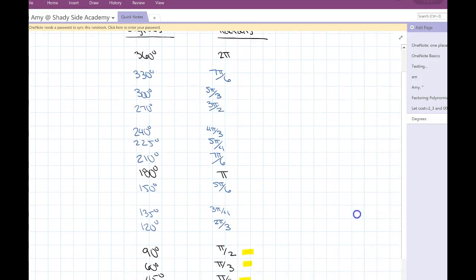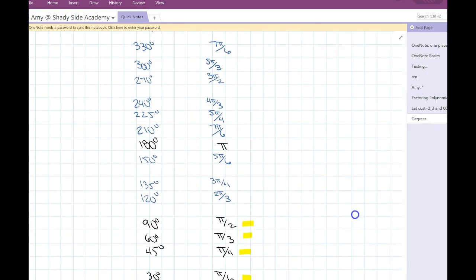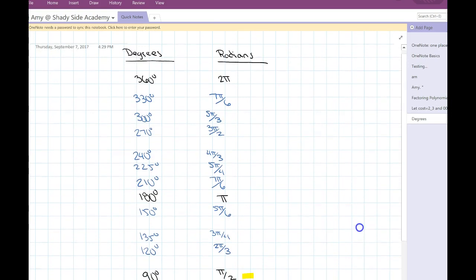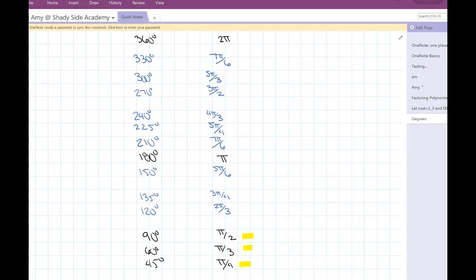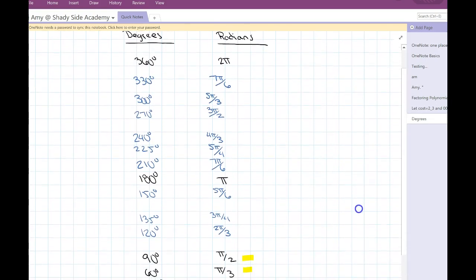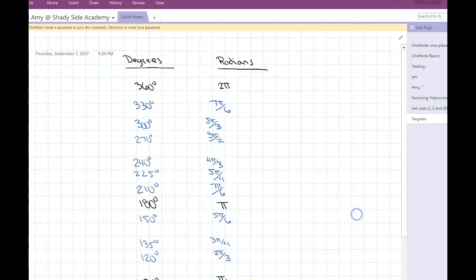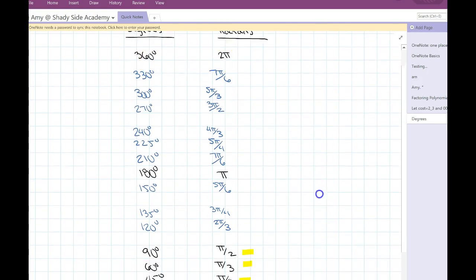Okay, so what you'll see here is I just went through and filled in the rest of the angles going all the way through. And one of the things that I hope you notice here is that in the conversion from degrees to radians, certainly remembering that 2 pi is 360 is very helpful, because this right here is the root of all of these.